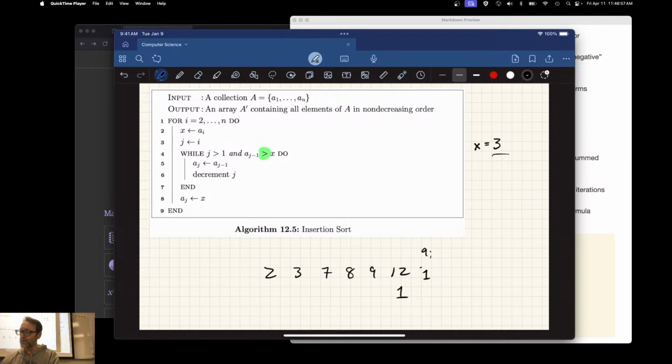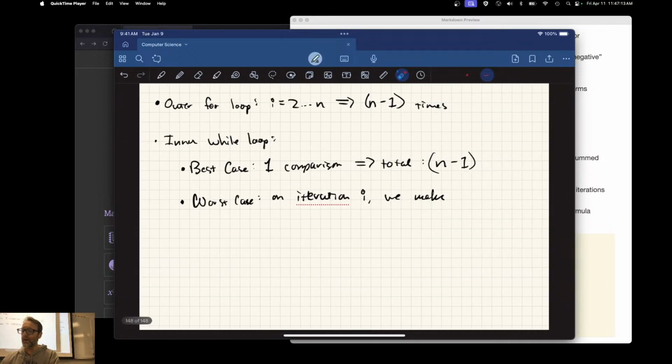Right? So this is 1, 2, 3, 4, 5, 6, 7. In other words, I is equal to 7. The worst case is I'm going to have to make a comparison there. 1, 2, 3, 4, 5, 6. If that pattern holds, how many comparisons do I end up making? I minus 1 comparisons.